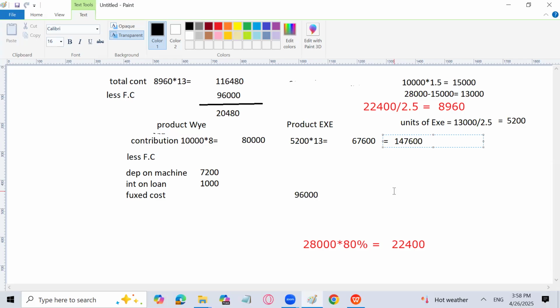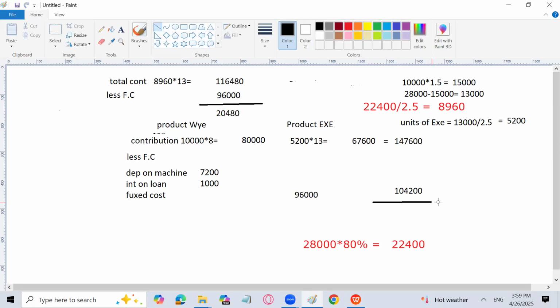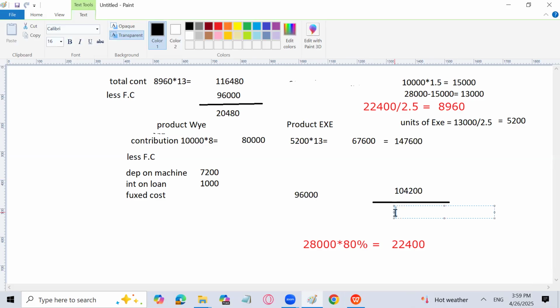Less total fixed cost, that is 96,000 plus 7,200 plus 1,000. 96,000 has already been incurred, and because of product Y we are increasing the depreciation by 7,200 and interest on loan by 1,000, so 104,200 is the total fixed cost. We'll subtract it and find the profit for the year: 43,400 is the profit for the year.